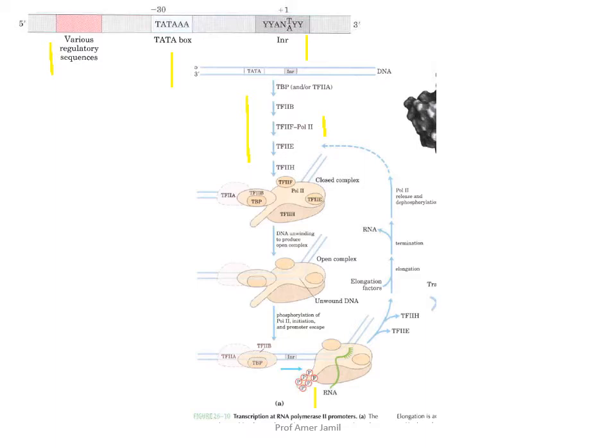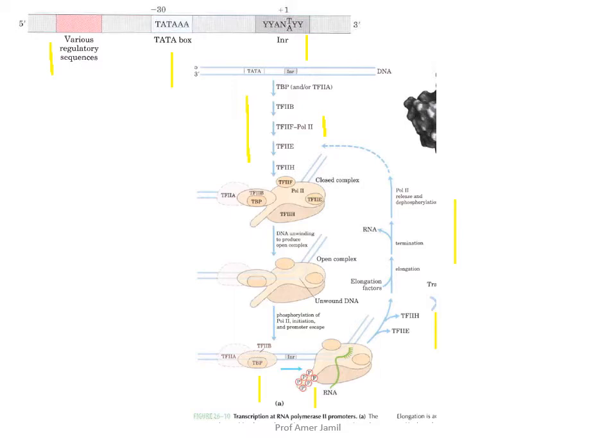But once this is phosphorylated and transcription is initiated, the remaining factors remain there, and the transcription factors 2H and 2E are also released, and this RNA polymerase along with the transcription factor 2F and only a few factors continue with the elongation of the transcription, and finally termination of transcription takes place at the 3' polyadenylation, the cleavage and polyadenylation step.